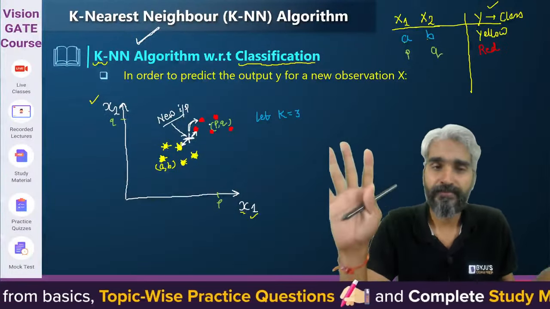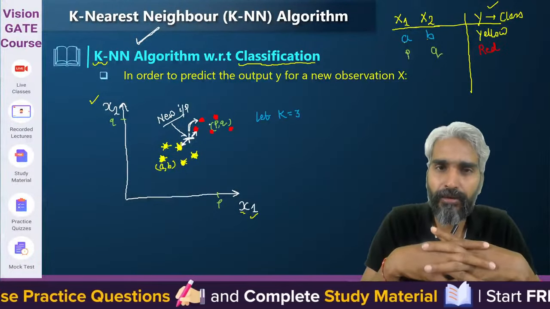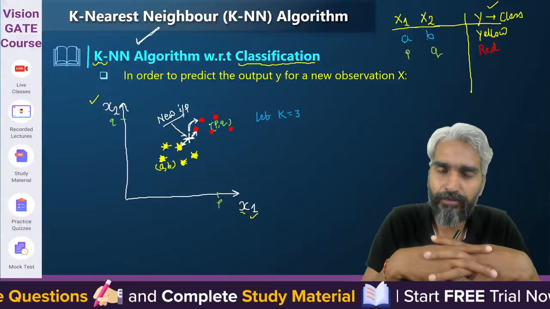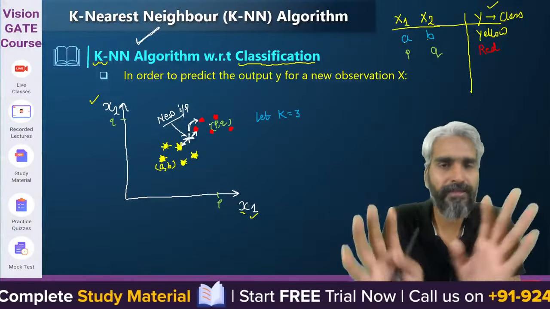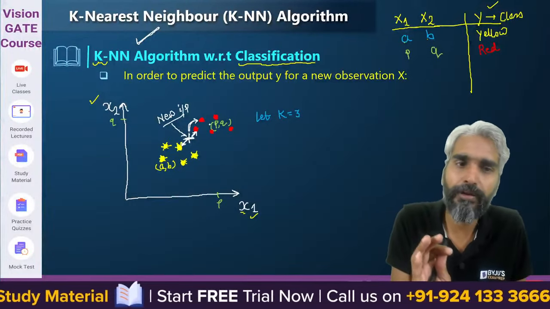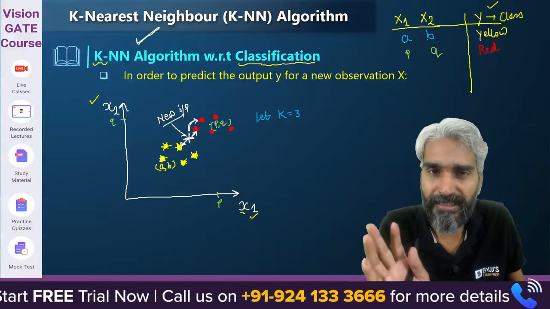Clear? What do I mean by the k nearest neighbor algorithm? The value of k will eventually be of some use, but at this point the basic purpose is clear: what happens because of the k nearest neighbor algorithm from the classification point of view.